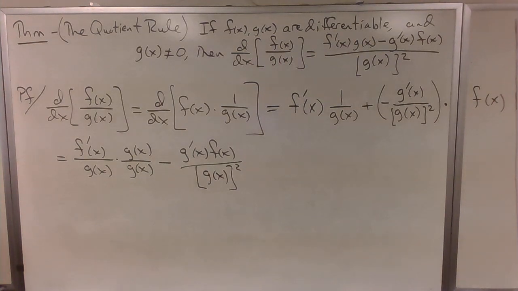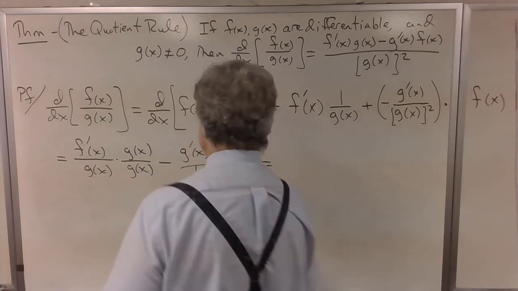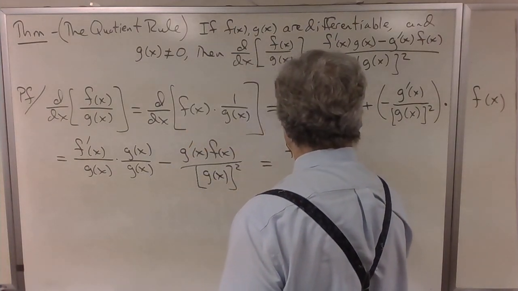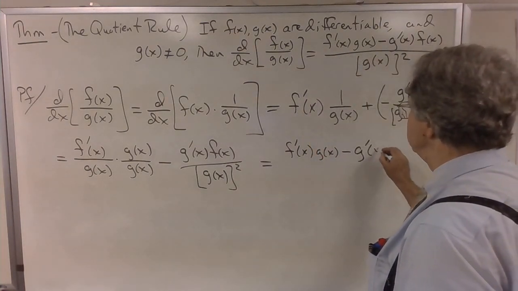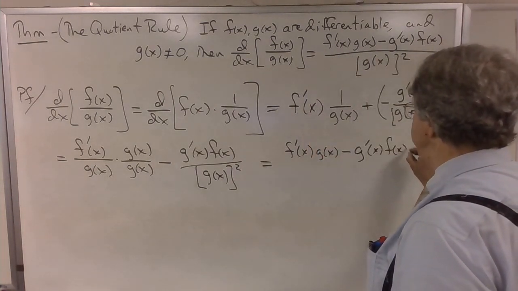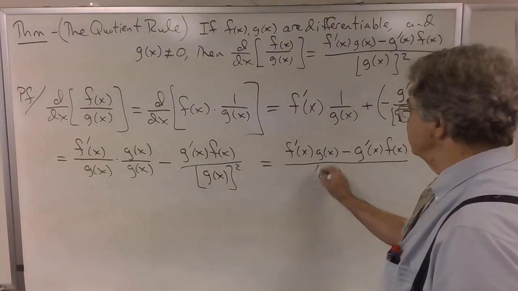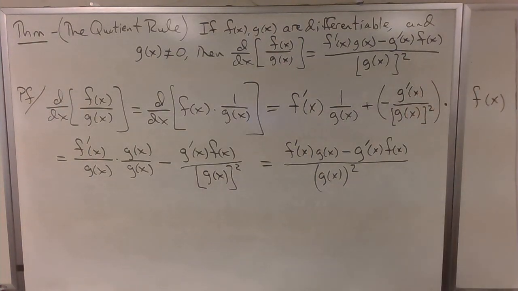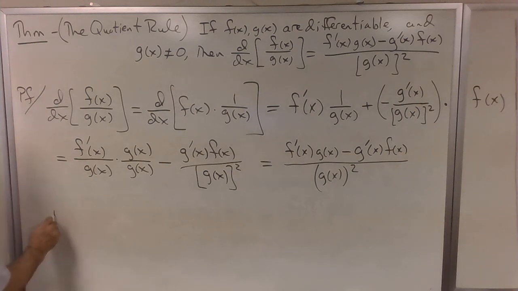Ah, that looks like what we want. First prime times second minus second prime times first, and it's all over g of x squared. So that's exactly what we wanted to get.